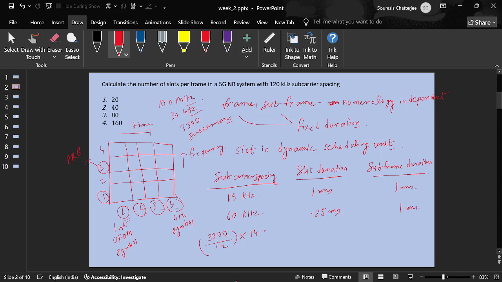But why don't we use a single subcarrier? Why use 12 at a time? Because if I use a single subcarrier, then we can schedule many more users. If I call it X, then I can actually serve 12X users if I use one subcarrier instead of concatenating 12 subcarriers at a time and assigning them to a user.